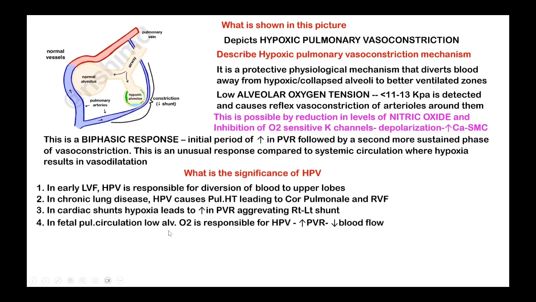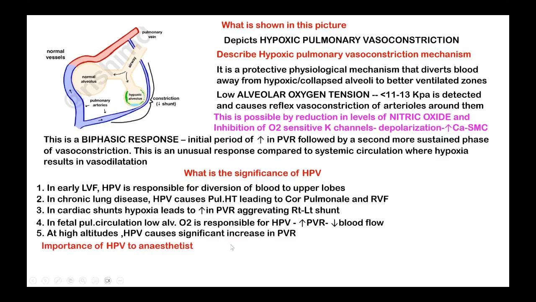In fetal pulmonary circulation, alveolar O2 is low, causing hypoxic pulmonary vasoconstriction, which prevents blood flow into the lung. And at high altitudes, HPV causes significant increase in pulmonary vascular resistance. So these are the physiologically important things that are happening.